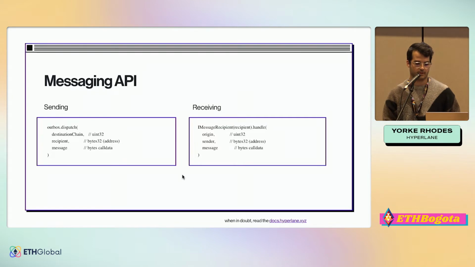And it's important to note that we need to implement this specific interface, and also access control this function to the Hyperlane protocol, because otherwise anyone could spoof any sort of cross-chain message by calling your smart contract and pretending that it's coming from some chain when it's actually not. And that has a bunch of security implications, which I'm trying to stay away from, but I'm happy to answer questions.